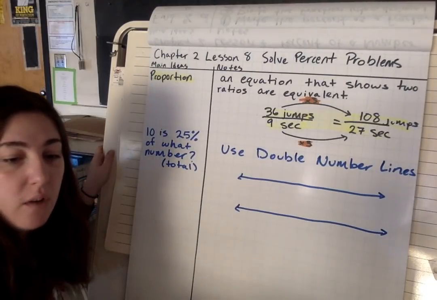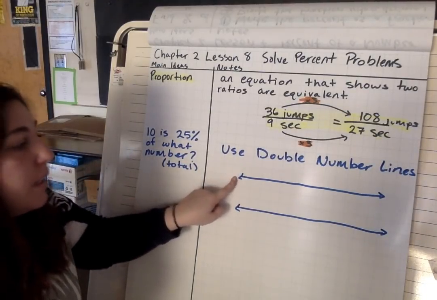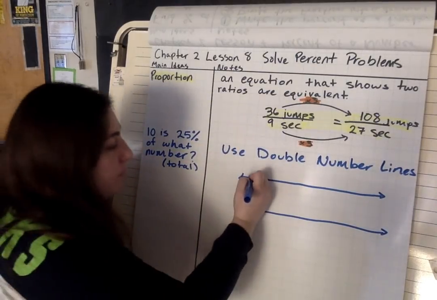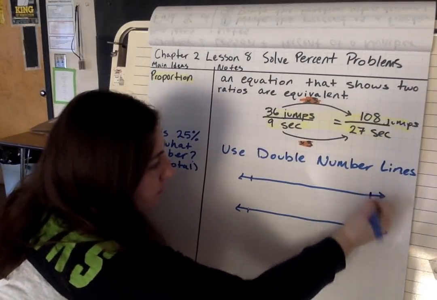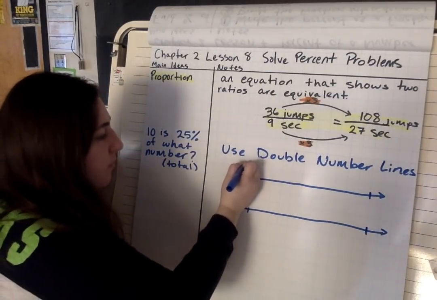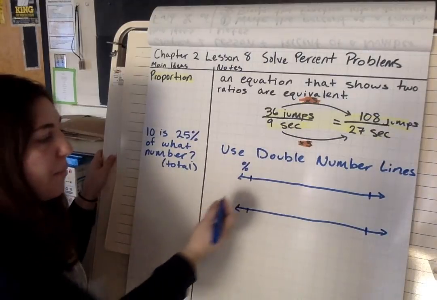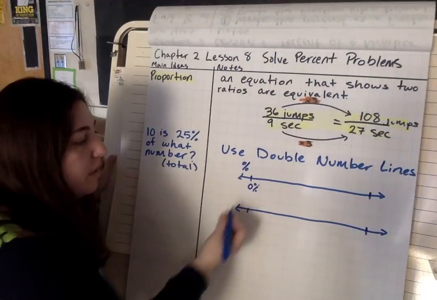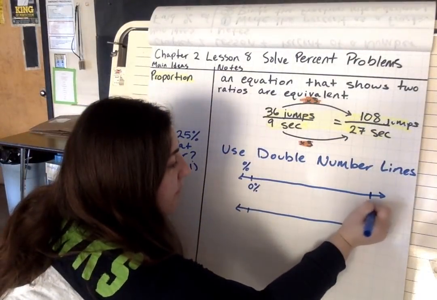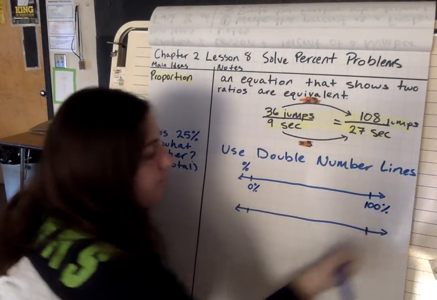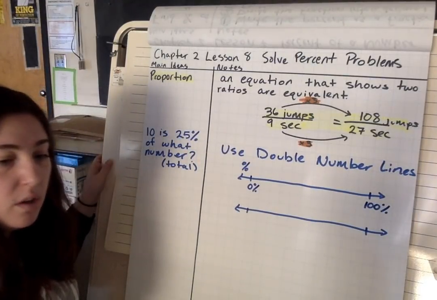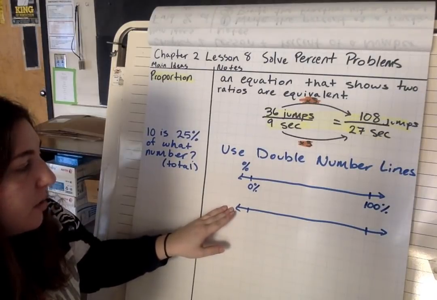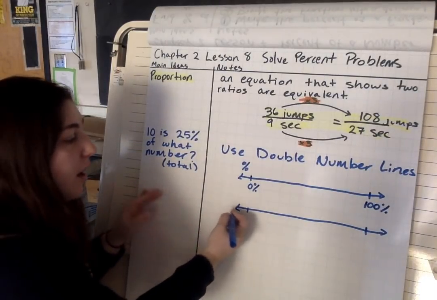Okay, now my top number line is going to be based off of percents. Okay, and I'm going to start it at 0%, and it's going to go all the way to 100%. All right, and the bottom number line is going to be based on my number.